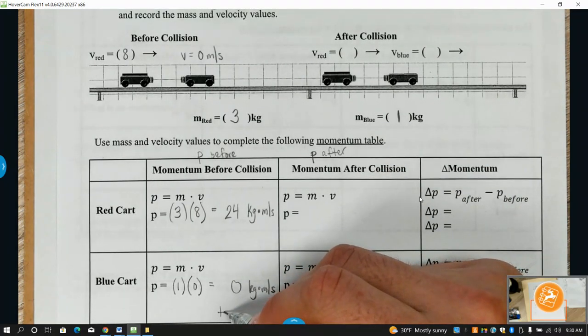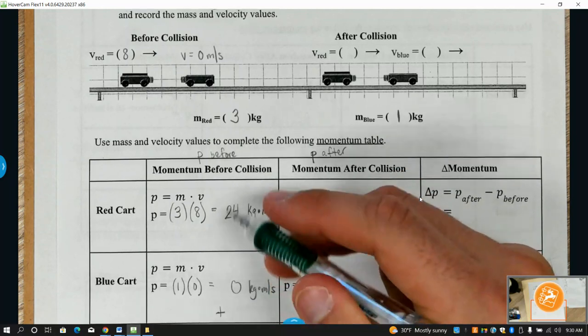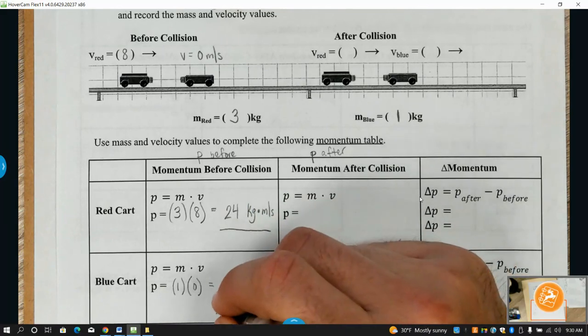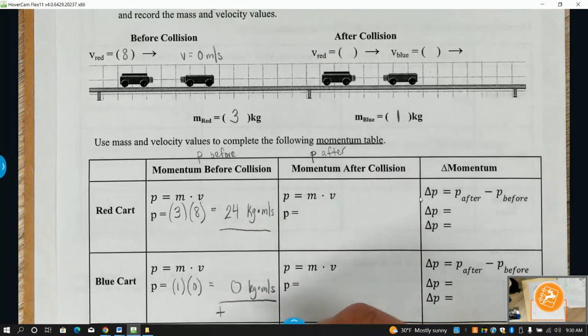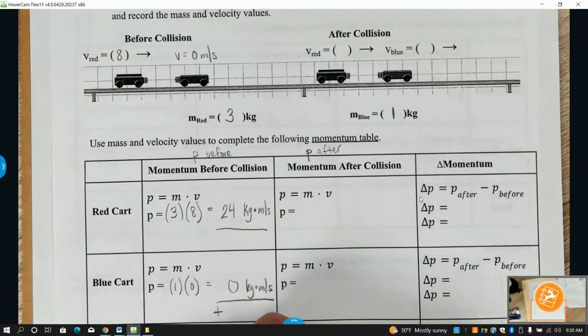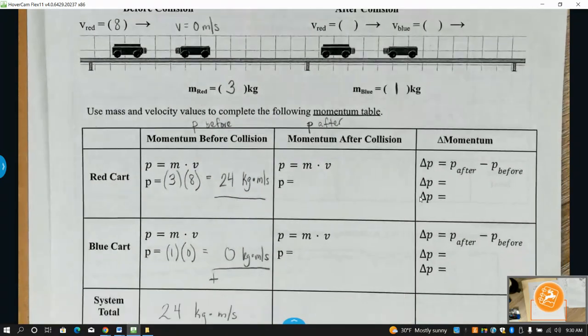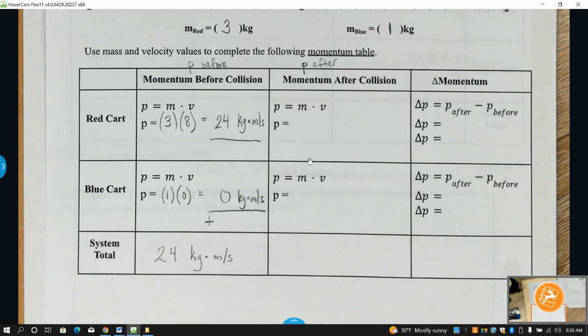Now, if I add these straight down, 24 and 0, I get a total value of 24 kilogram times meters per second.